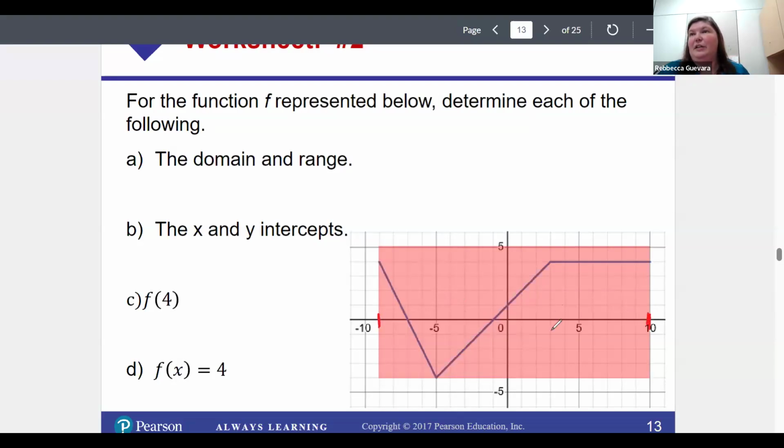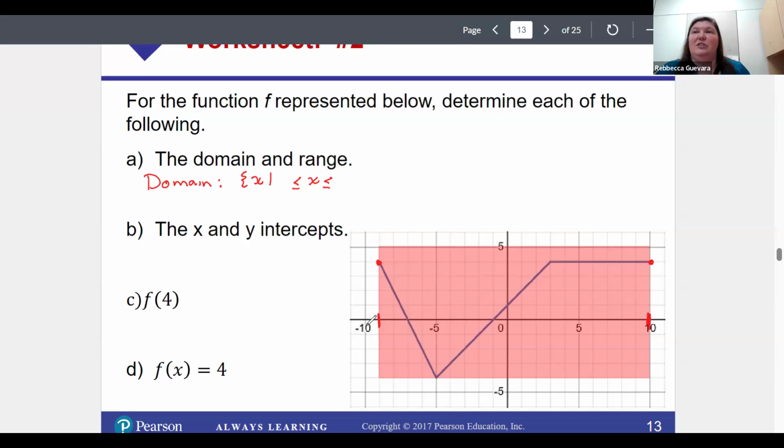Everything from here to here will be my domain. So domain is all my x's, and we assume that these are closed points here. If they have a line and it just stops, just assume it's a closed point. It's a lazy way to do graphs, but you see a lot of graphs that way now.